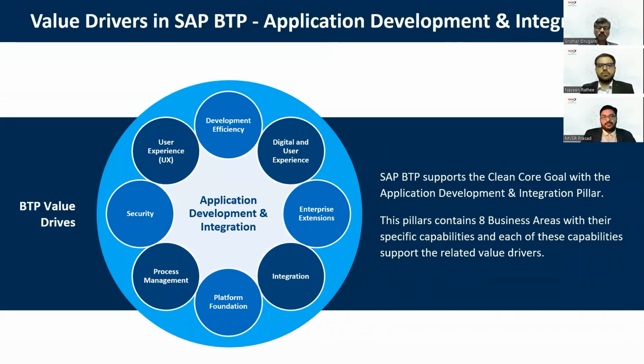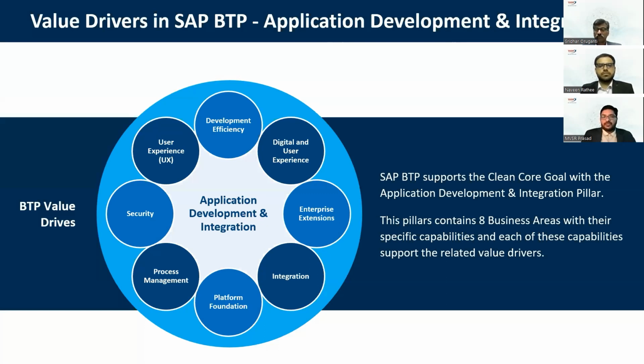In the starting itself we highlighted that there are different drivers which play as key factors in adopting the clean core. Since all the analysis and decision factors are based on the custom code complexity or unused solutions, everything needs to be decided to adopt BTP services or support to reach the clean core goal.